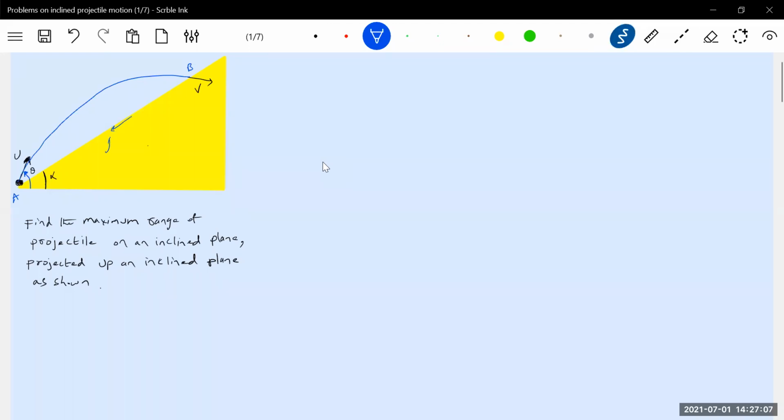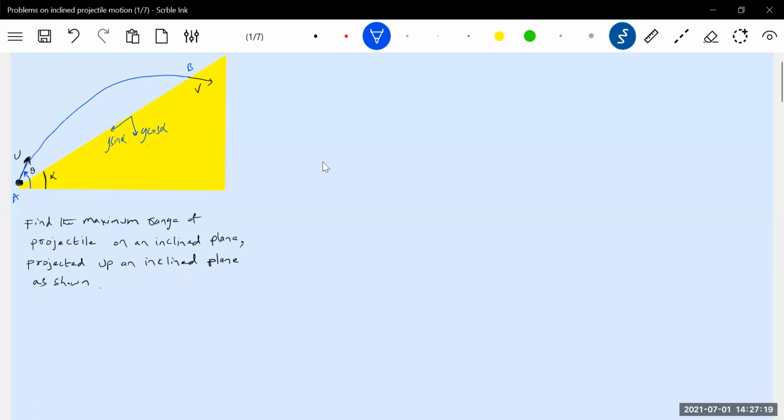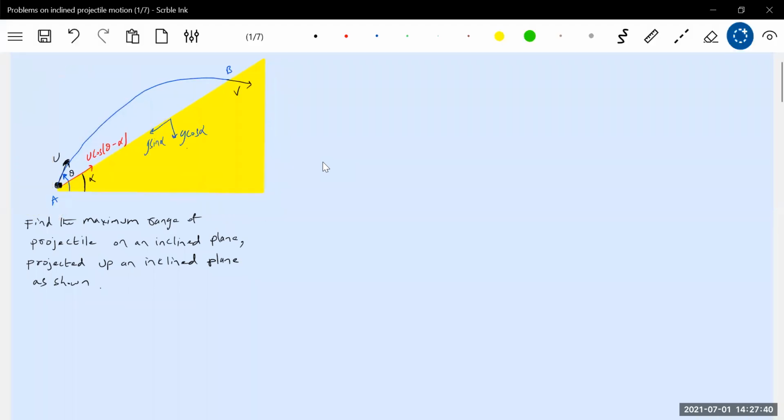It will be g sine alpha and g cos alpha. Then similarly, we'll resolve the velocity vector also. The component parallel to incline will be u cos(theta minus alpha). The other component perpendicular to incline will be u sine(theta minus alpha).